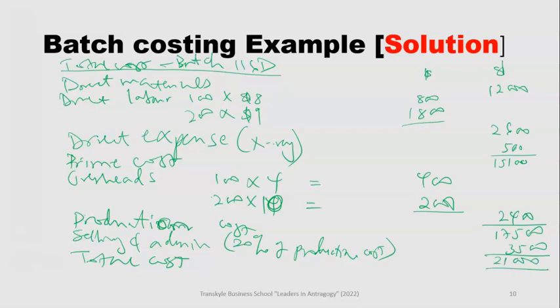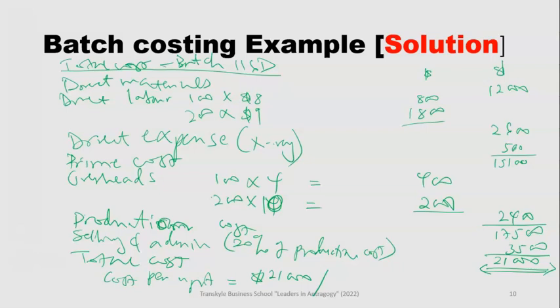That's the total cost of this batch. Now, the cost per unit, then you have to use the same formula. Cost per unit, then just have to say total cost, 21,000, divided by the number of units which have been produced.